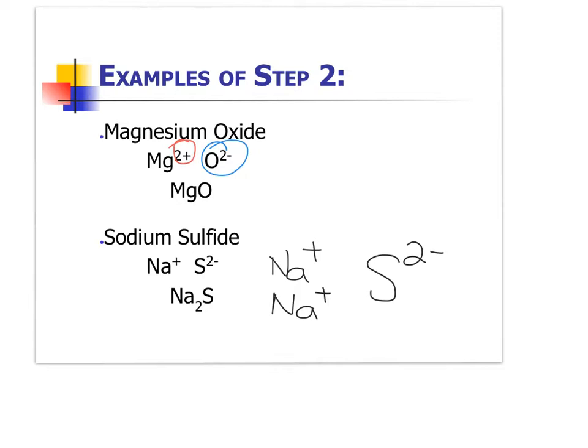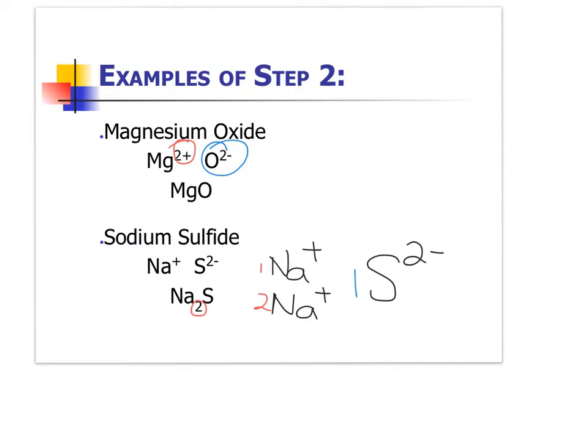And so if we count up the number of sodiums, 1, 2, we would therefore need to indicate it with the subscript. And we can count just the single 1 sulfur. It works as just saying, well, there's just 1 sulfur. So how do we indicate that? By just writing the element itself.